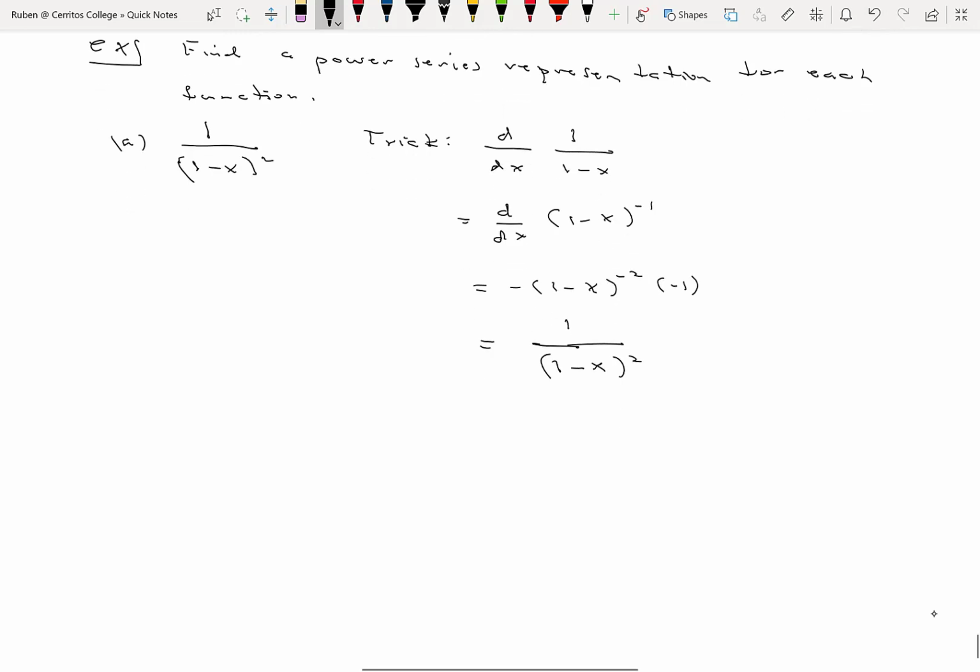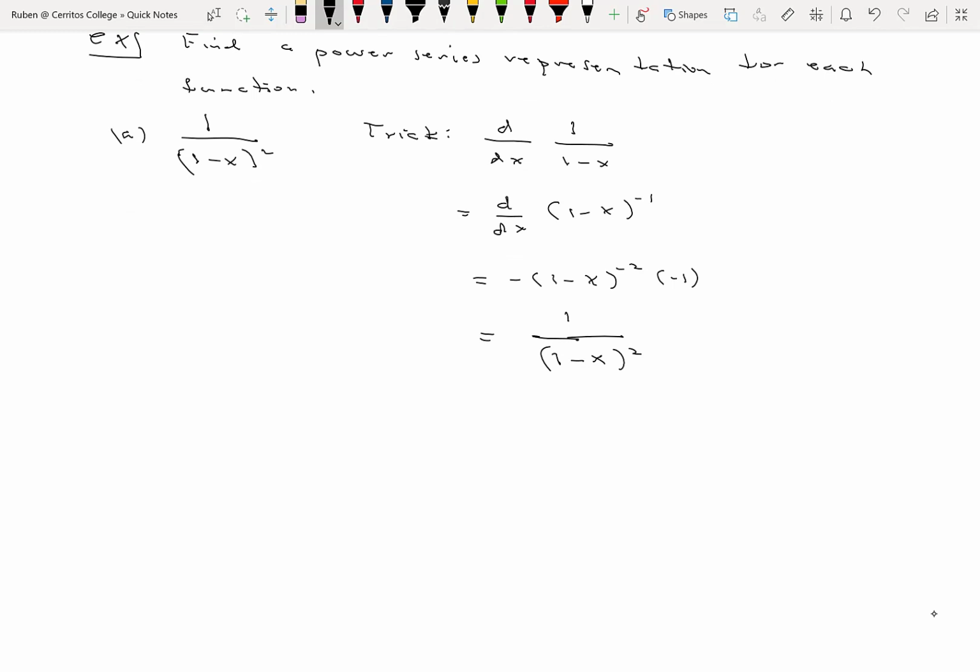Okay. I want to look at this formula I just wrote. Again, 1 over 1 minus x squared is the derivative with respect to x of 1 over 1 minus x. Okay. We just showed that. There's nothing new here. I just wrote 1 over 1 minus x squared first.